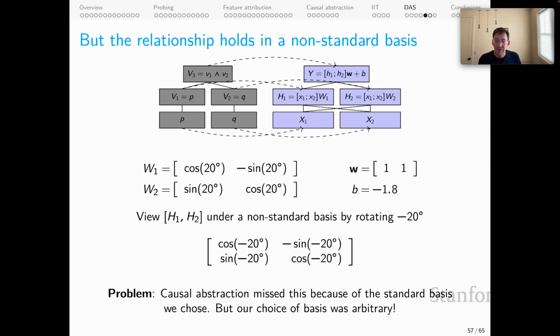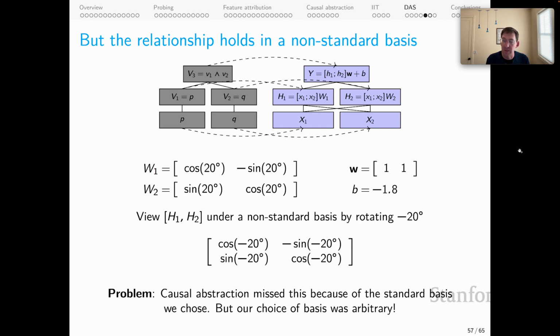And the essence of that is that there was no reason to choose the standard basis. It's intuitive for us as humans, but there's no reason to presume that our neural models prefer to operate in that basis. And this example reveals that we might find interpretable structure by dropping that assumption about the basis. So the essence of DAS, keep an eye on the ball here, is really learning this rotation matrix.